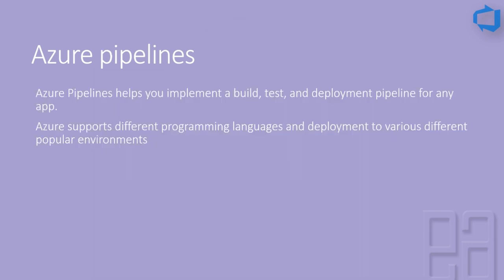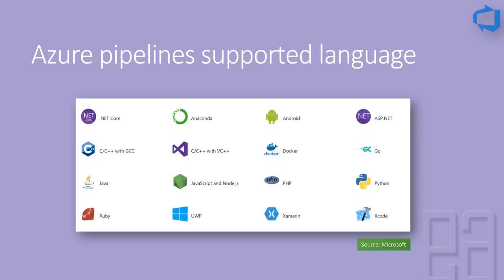Azure Pipelines helps you implement a build, test, and deployment pipeline for any applications that we are building. Azure supports different programming languages and deployments to various popular environments. It is really cool to see that Azure DevOps now supports many different programming languages: .NET Core, Anaconda, Android, ASP.NET, C, C++, Docker, Go, Java, JavaScript, PHP, and you name it. They are going to keep on adding any new or popular programming language coming to the market, which is really awesome to see.